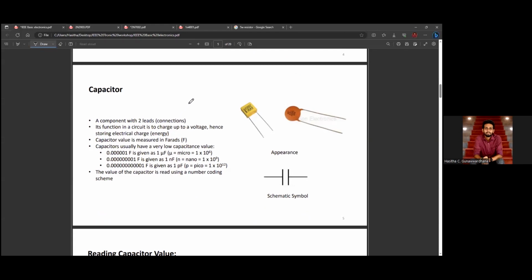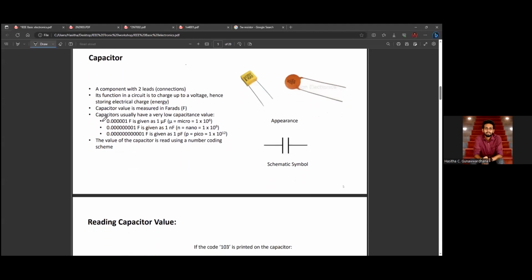I think you have learned about the capacitor in the A-level years. The unit of capacitance is the farad. Since this is a very large value, we have various forms, micro, nano, pico, and so on.